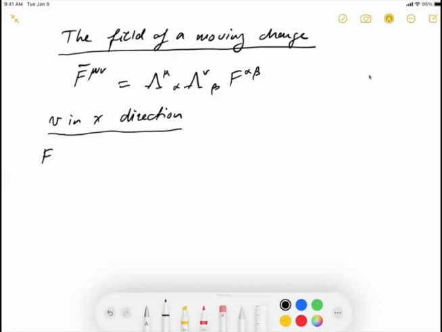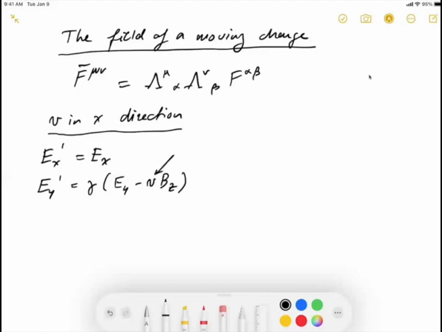Your Ex is unchanged. Your Ey prime is going to be gamma times Ey minus v Bz. And remember, this is in the CGS system, so the E and the B you can just put together.